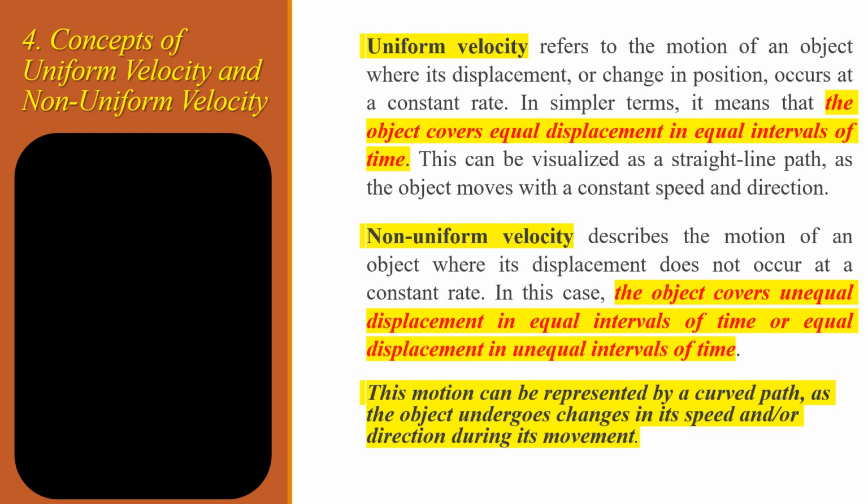The last paragraph, this is very, very important. This motion can be represented by a curved path as the object undergoes changes in its speed and or direction during its movement. Okay, so there is a part of the chapter which is uniform circular motion. Here we will discuss it elaborately.